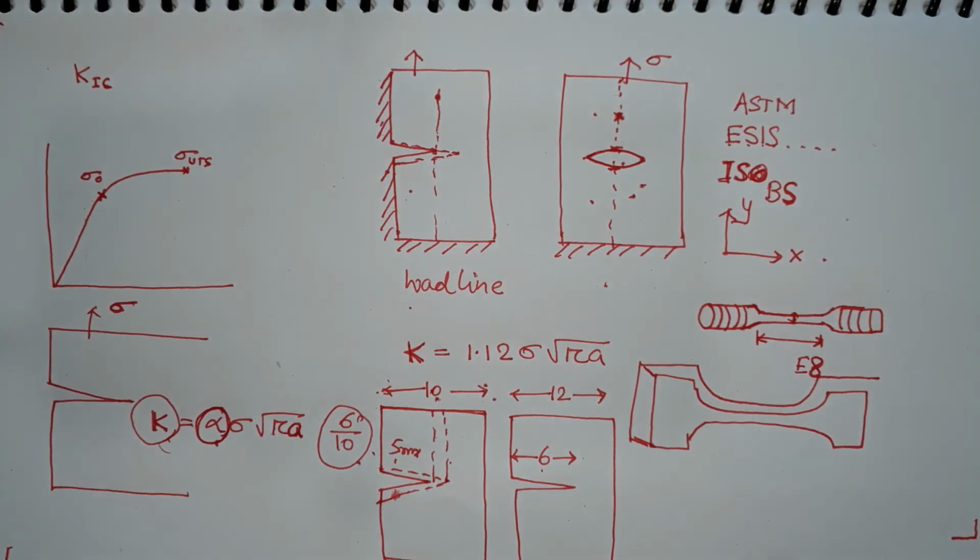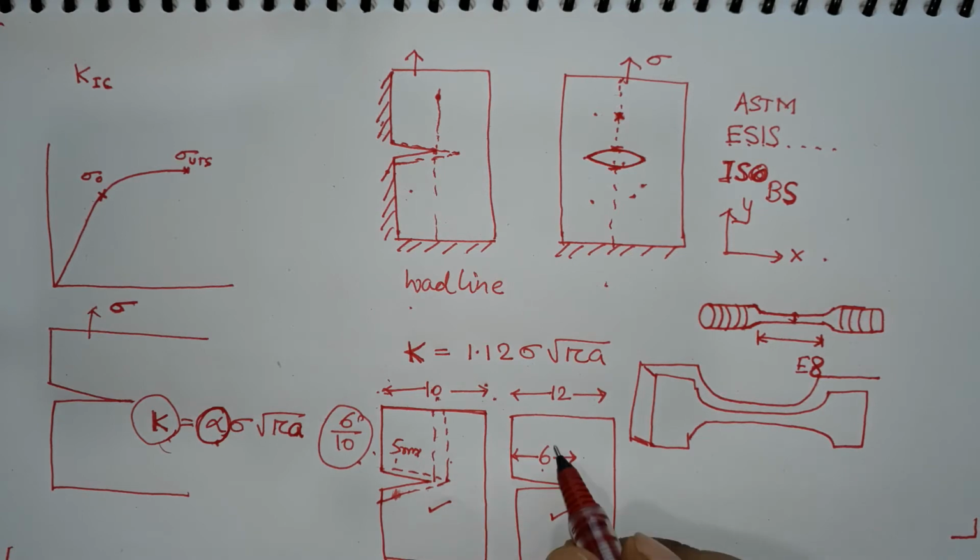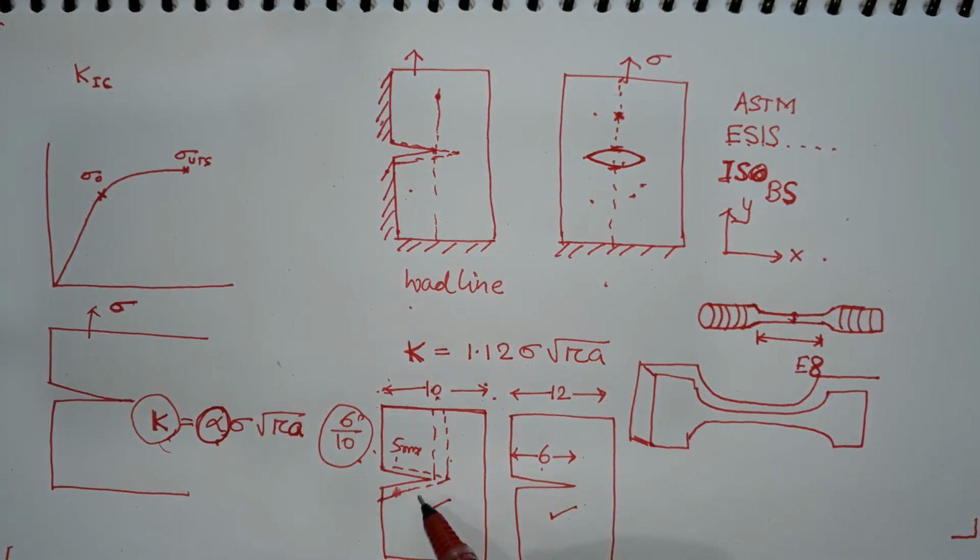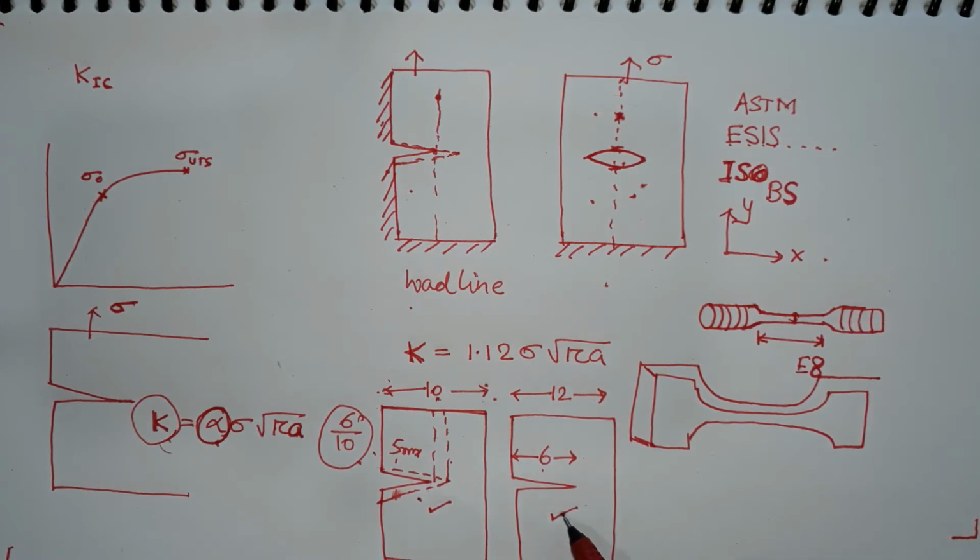So, there are many factors which we must take into consideration before judging whether this material is tougher or that material is tougher. Even if two materials are the same, if one specimen is showing more fracture toughness than the other, we have to calculate fracture toughness in order to know.